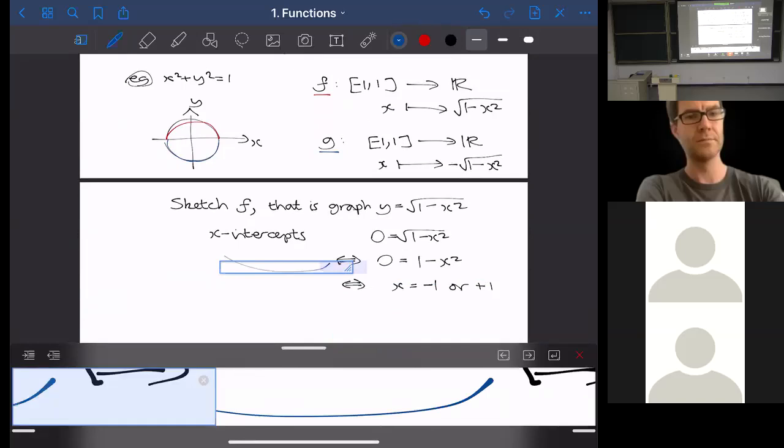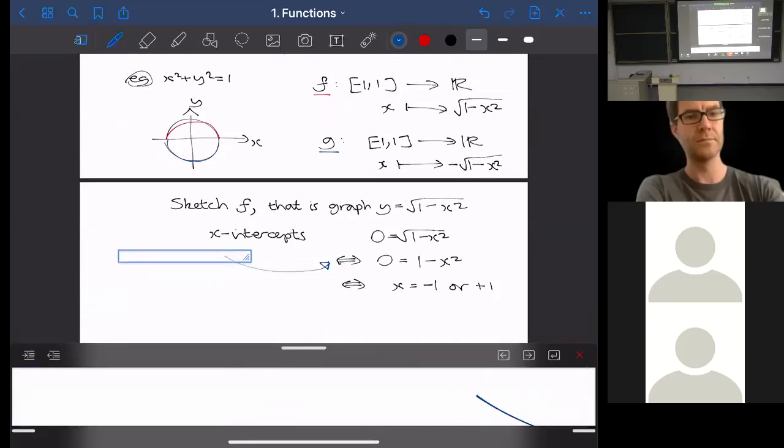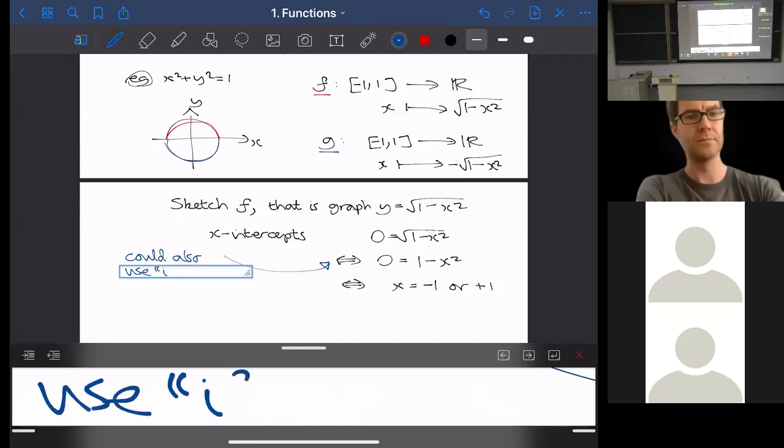Okay, so someone asked, do we always have to use arrows? So we could also use "if and only if" here.